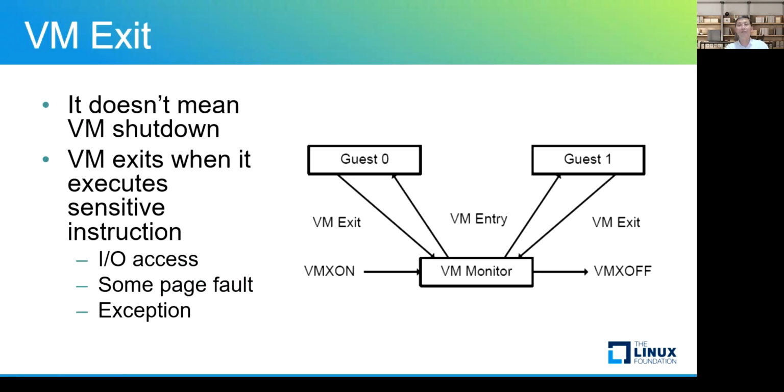For normal, unprivileged instructions, the CPU will directly execute the instruction. That's called direct execute. But when the CPU meets a privileged instruction or IO instruction, then it will exit. That's called VM exit.